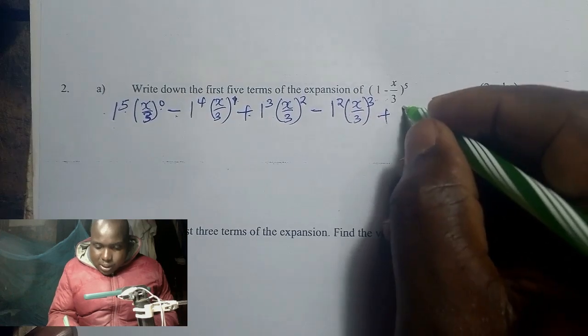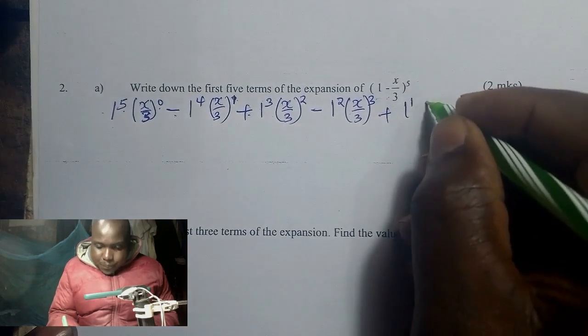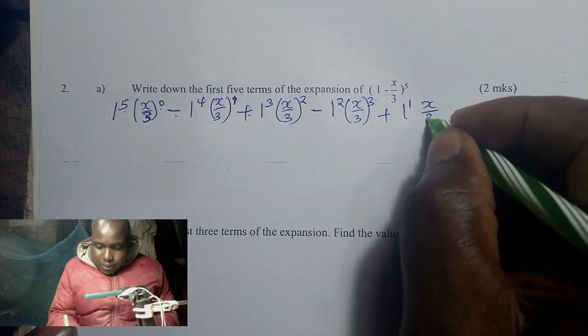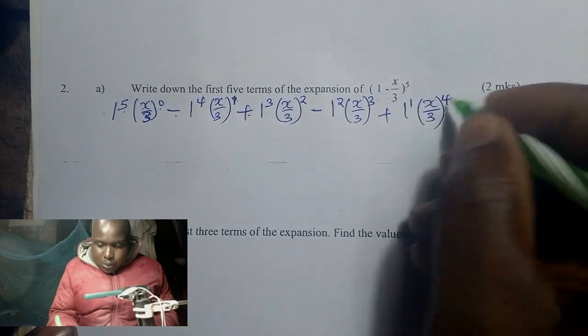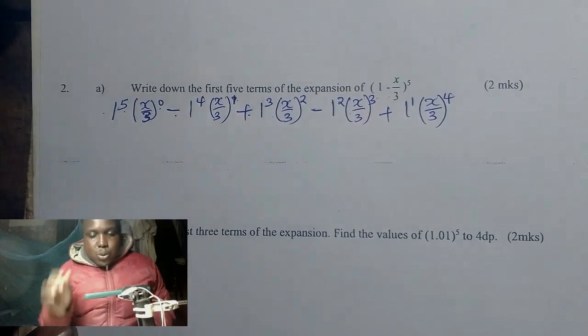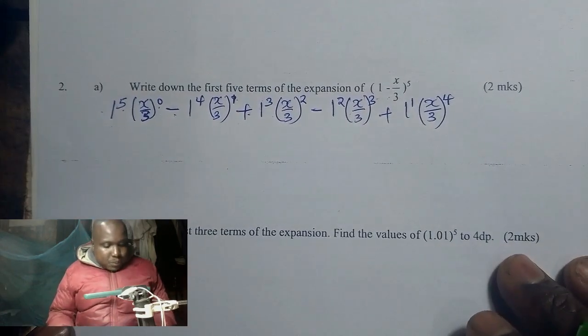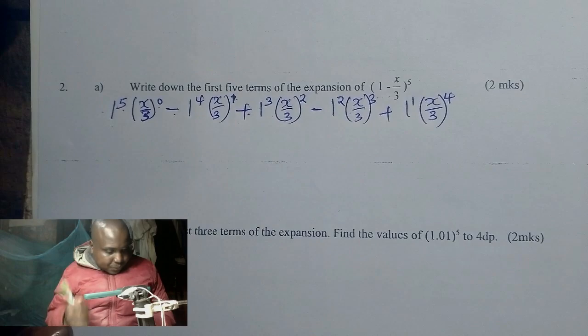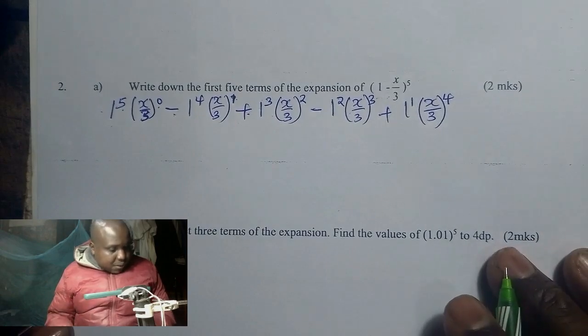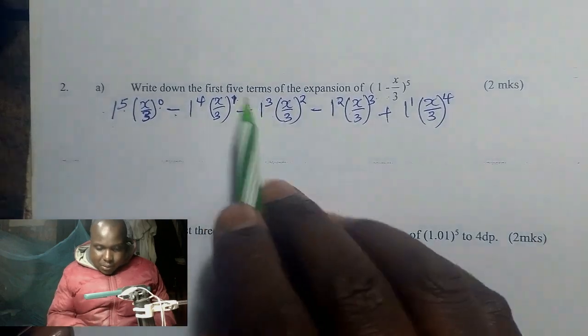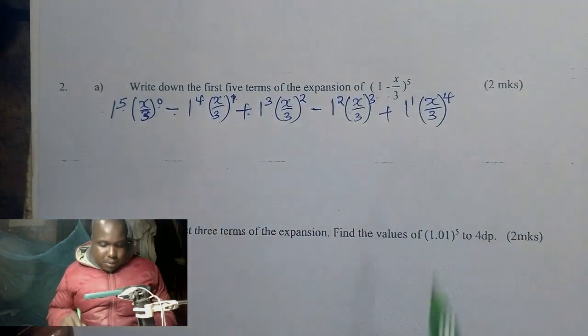This is the last one, the first 5. x over 3 raised to power 4. These are the first 5. We need to follow instructions as we were asked to. Write down the first 5 terms. The first 5: 1, 2, 3, 4, 5.